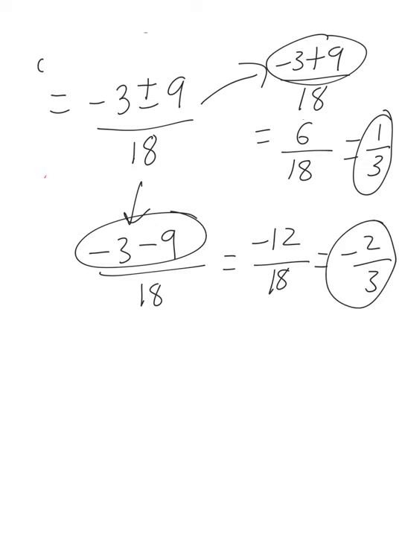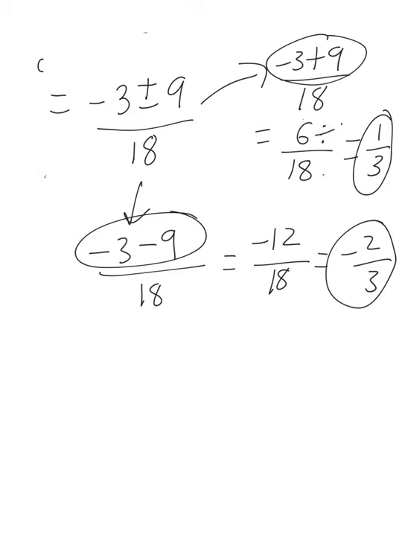Now, if it's been a while since you've worked with fractions and you're wondering how I reduced that so quickly, you can either reduce in your head or you can make the graphing calculator reduce for you. If you're doing it in your head, going back to the 6/18, the first answer I had, I ask myself, what's the biggest number that divides into the 6 and the 18?